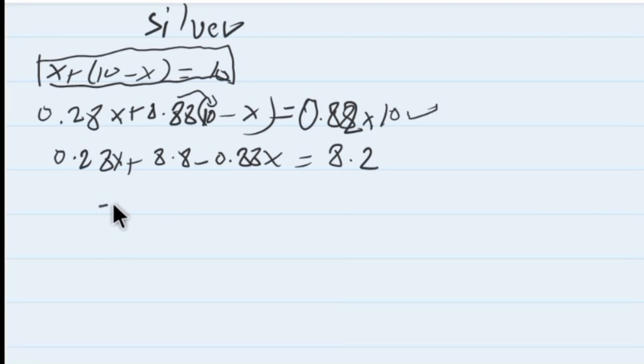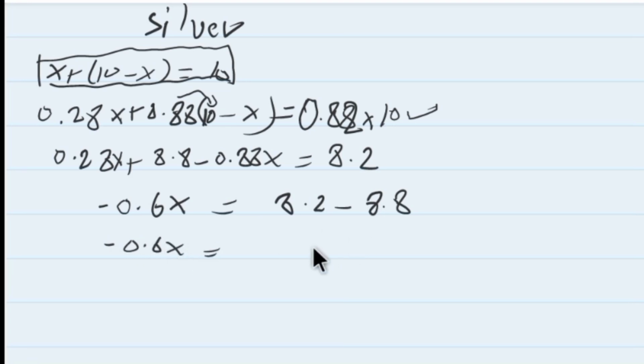It would give us minus 0.6x. We want to isolate the variable on one side, so we will move plus 8.8 to the other side of the equation. So 8.2 minus 8.8 would give us minus 0.6. We will divide minus 0.6 on both sides of the equation, and we will get x is equal to 1. x is equal to 1 milligram.